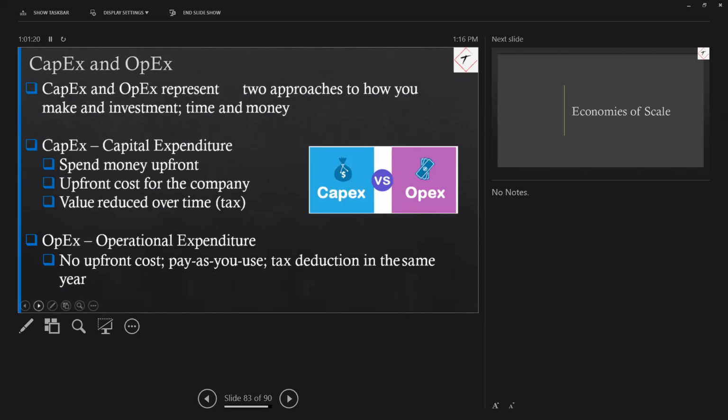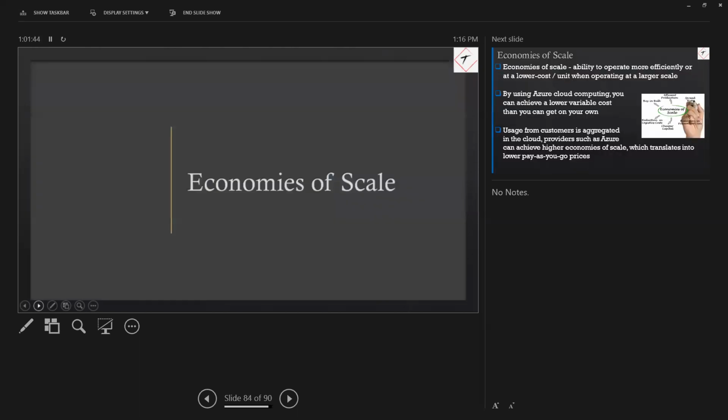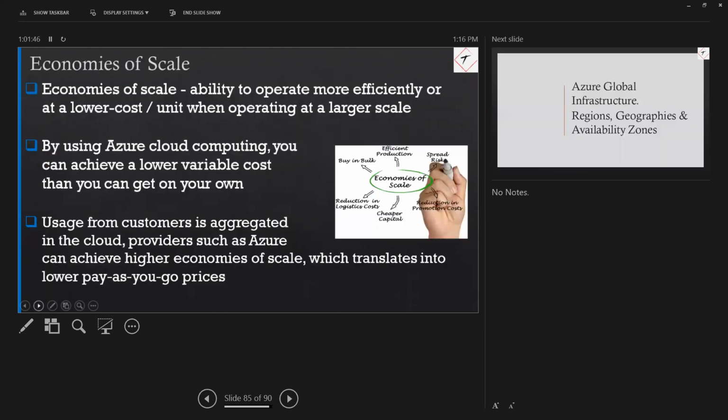The value is reduced over time, and it is a huge upfront cost for the company. Operational expenditure has no upfront cost. You just pay as you use, and the tax deduction is in the same year because you are using it and paying for it in the same year, so the tax benefits you get are also for the same year.